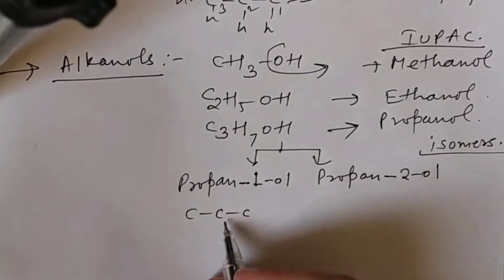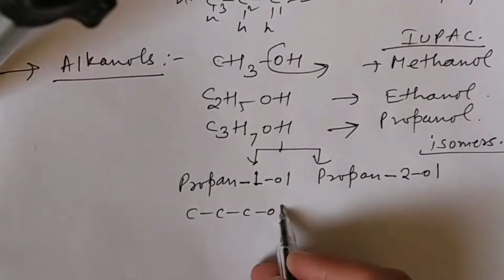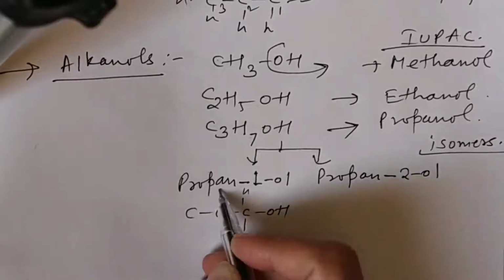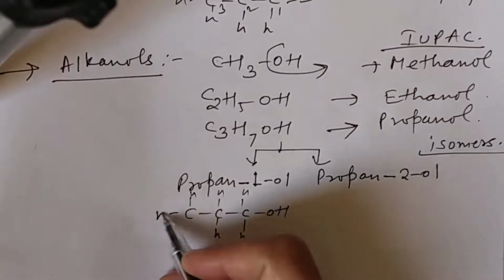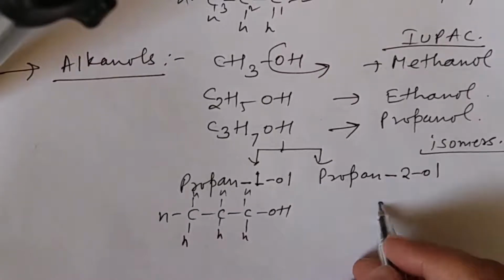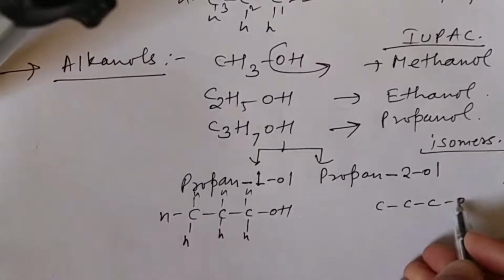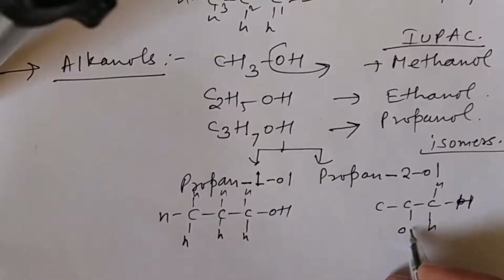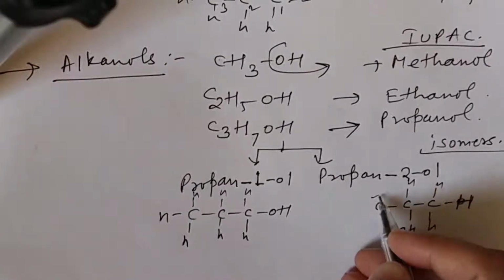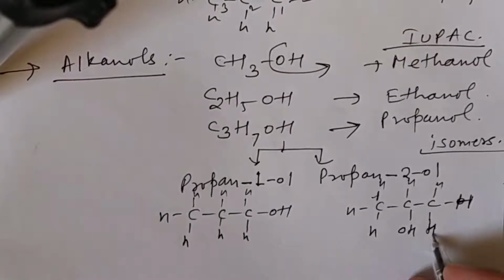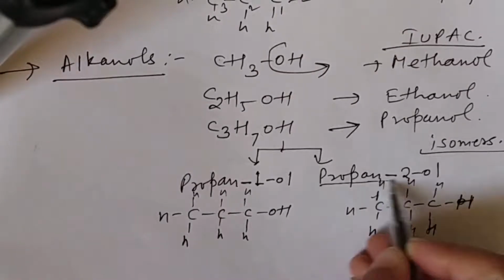If we draw the structure of propan-1-ol, it has the OH group at position number 1 and all the valencies of carbon are completed with hydrogen atoms. Similarly, here we also complete the valency with hydrogen atoms, but the number 2 carbon is carrying the OH group. Complete all the valencies of carbon with hydrogen atoms. So it is propan-2-ol, and this is propan-1-ol.